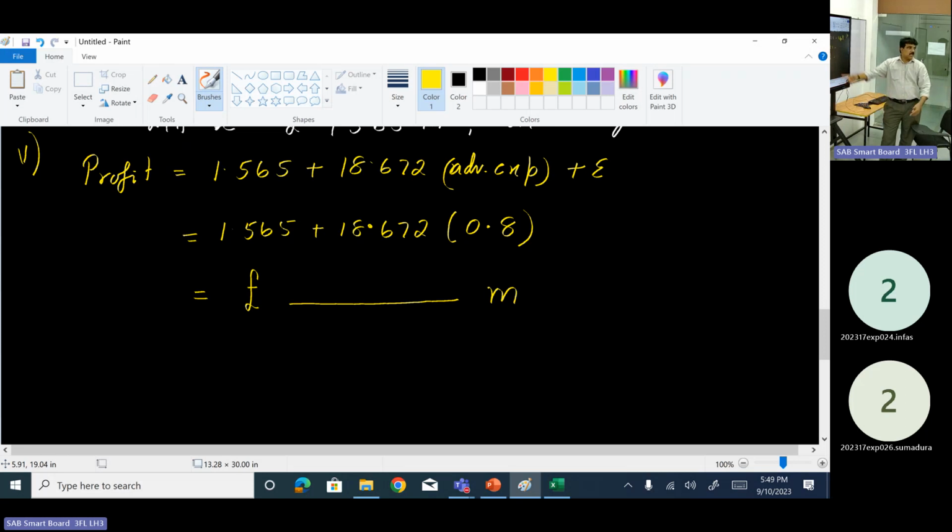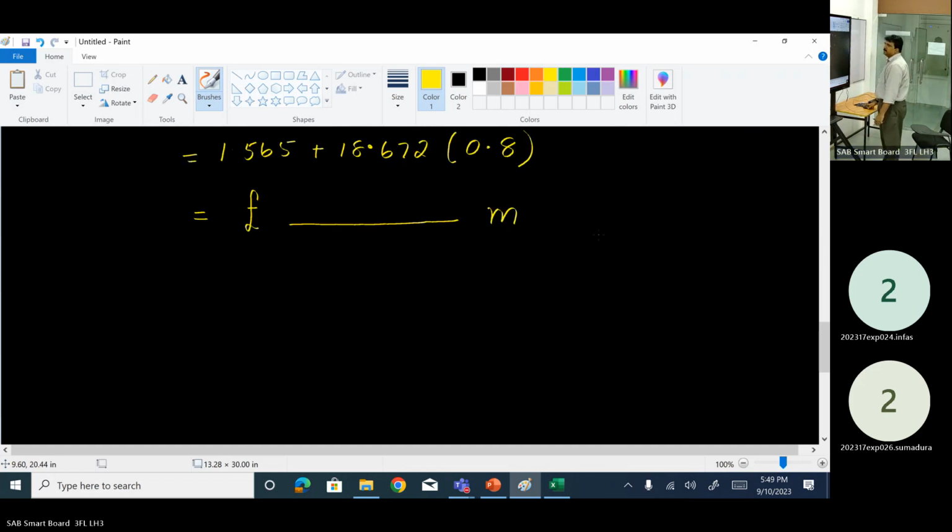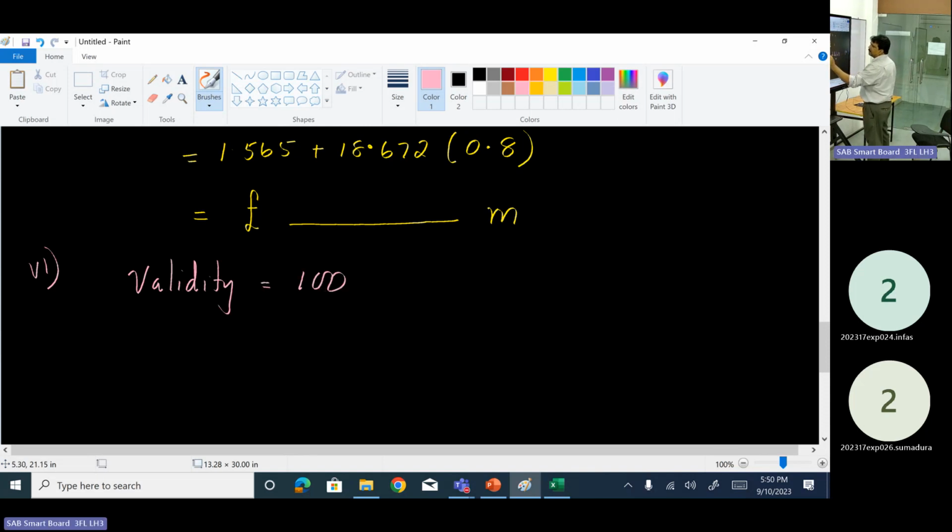The last part they are asking, what is the validity of that? The sixth part, validity of the forecast. 100 R square. So 100 into 0.936 to the power of 2.